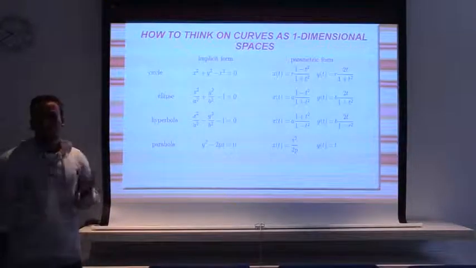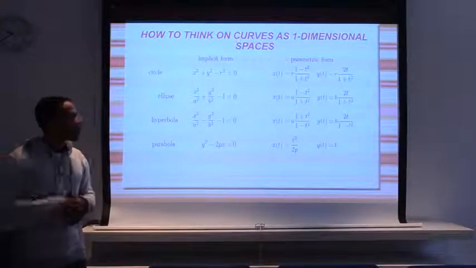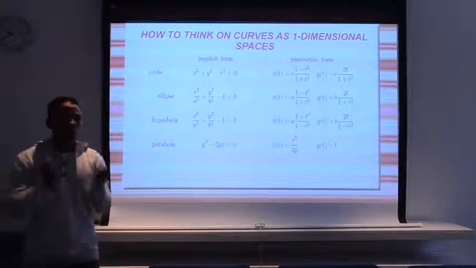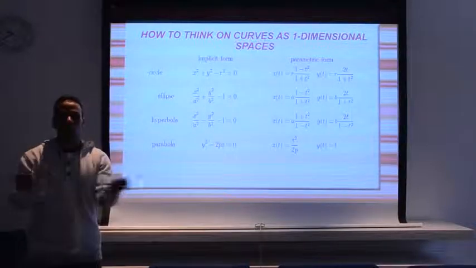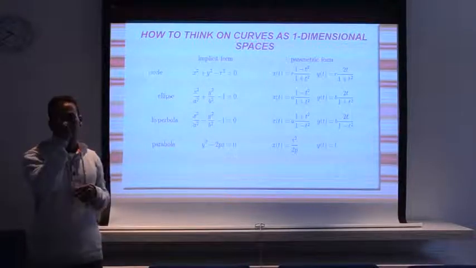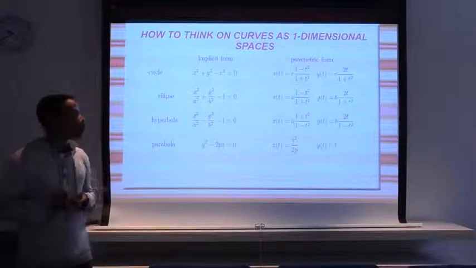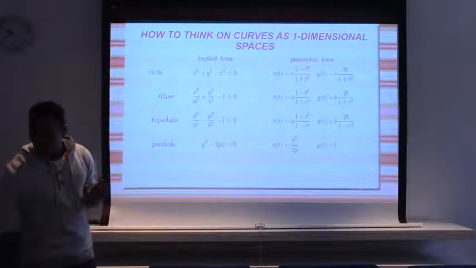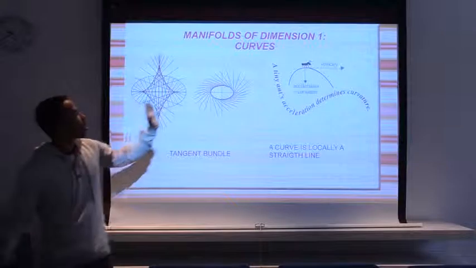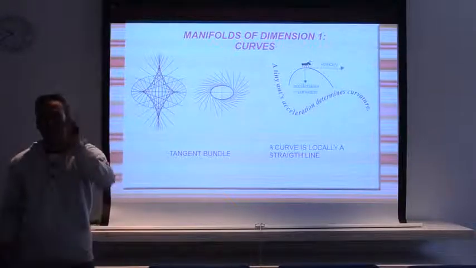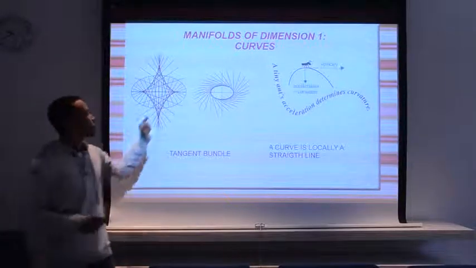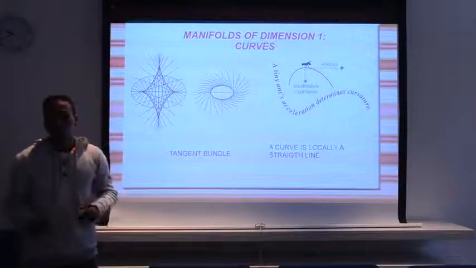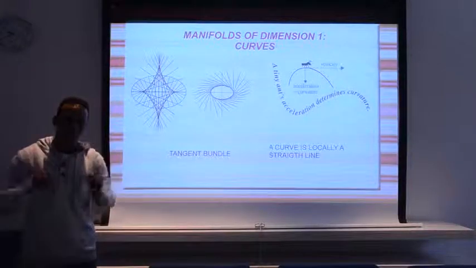In formal mathematical terms, what does it mean to see a neighborhood like a 1-dimensional space? Let me come back. You are in the 2-dimensional plane, but just imagine you are living inside the curve. How do we describe points inside the curve?